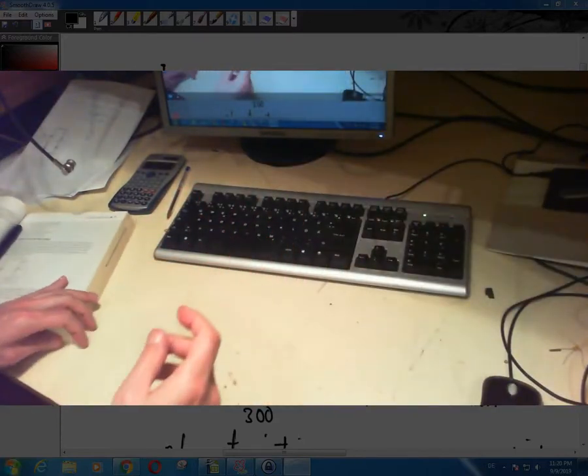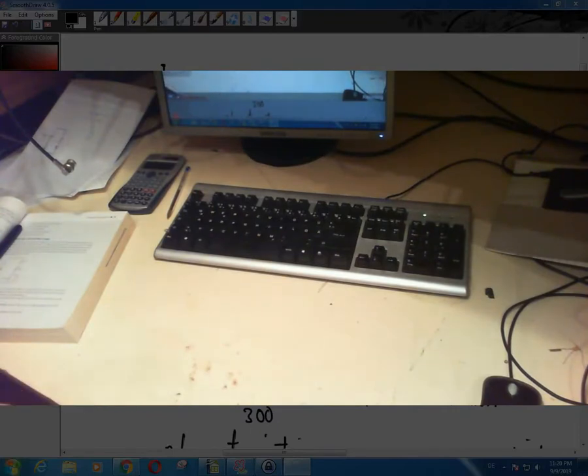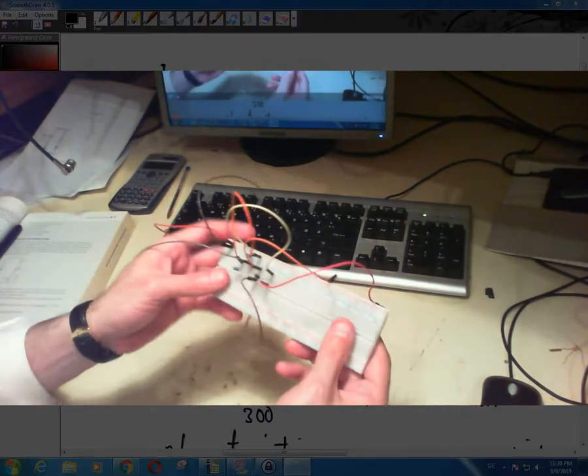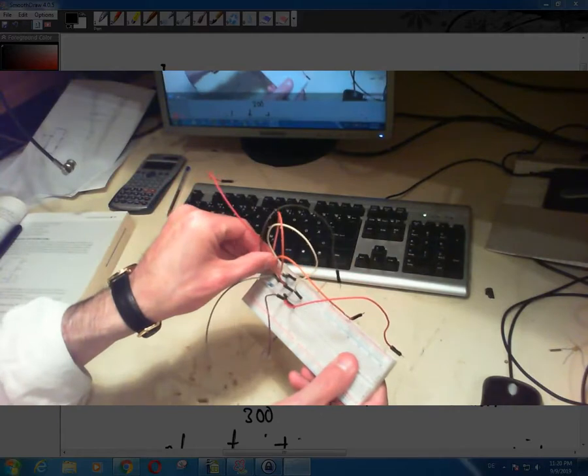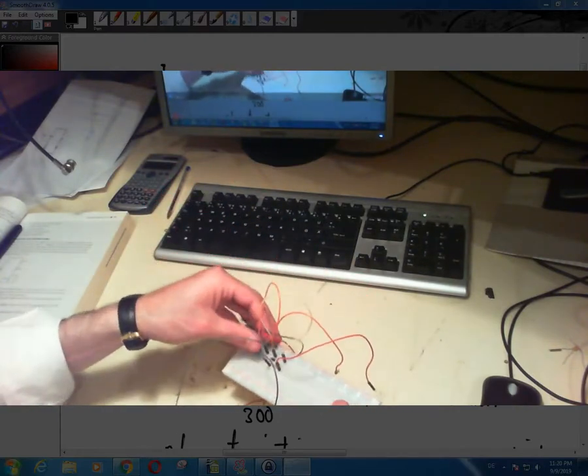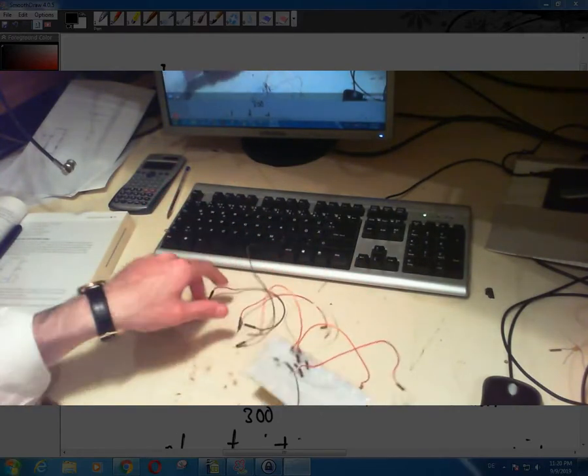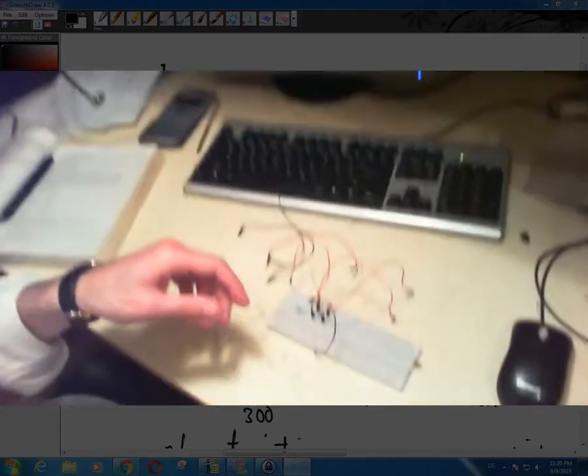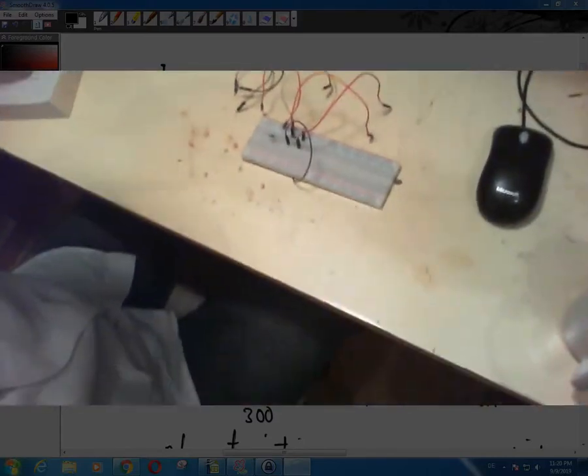So you need something called a breadboard, which is something like this. Of course, I'm going to disconnect these wires so that you can see the breadboard properly.